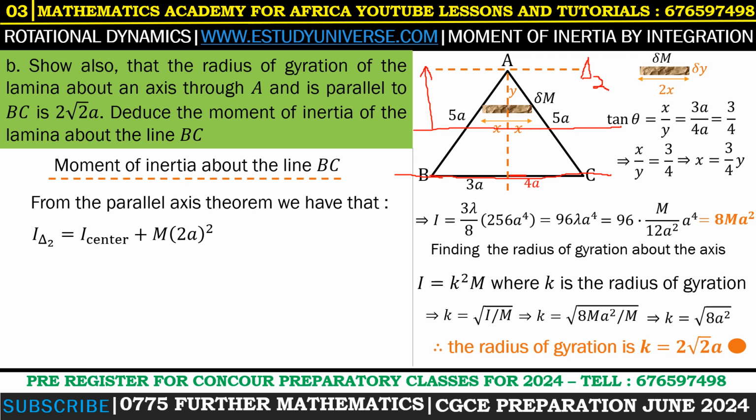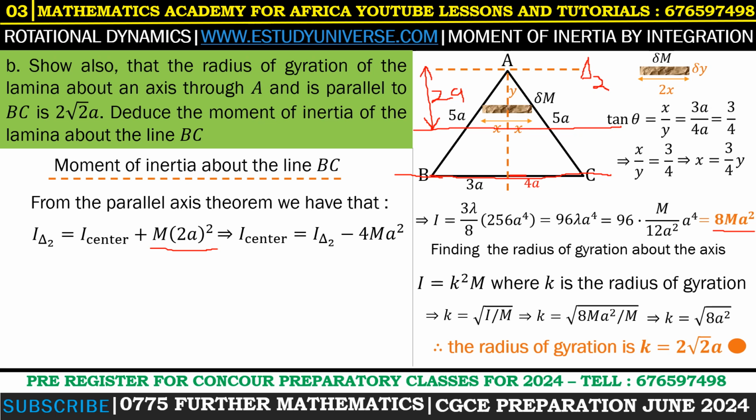Since the height of the triangle is 4a and this axis is passing through the center, the distance separating the two axes is 2a, that is, 4a divided by 2. So we can get the moment of inertia of the lamina about an axis passing through the center. We take the moment of inertia about delta 2, which is the 8ma squared we had, then subtract 4ma squared, because m times 2a all squared gives 4ma squared. Doing that, we are also going to have 4ma squared.